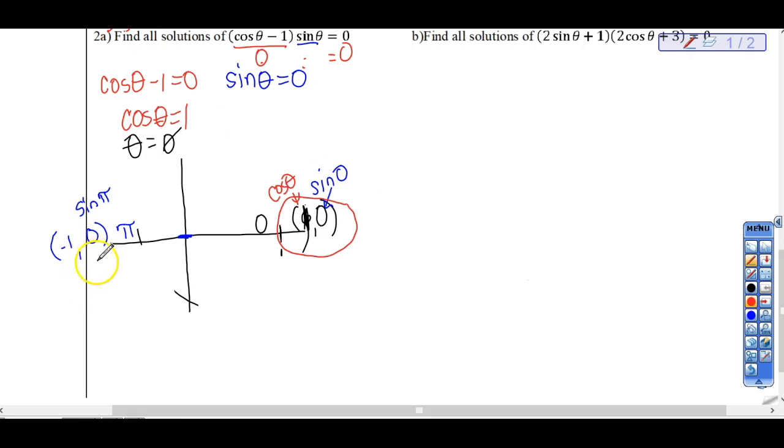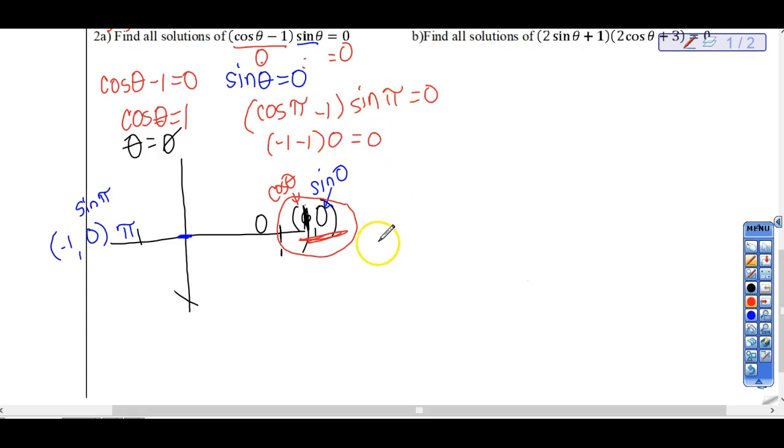So here's what I want to know. If I do cosine of 0 minus 1 times sine of 0, I'm doing 0 times 0 equals 0. That's true. But if I plug pi in over here, the cosine of pi minus 1 times the sine of pi equals 0, well, the cosine of pi is negative 1, negative 1 minus 1, and the sine of pi is 0.